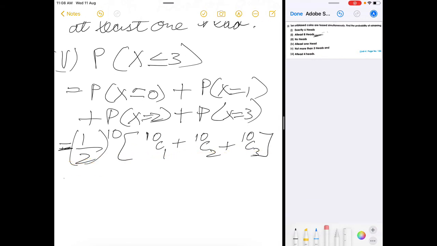Okay, so what would have the formula been if I would have written the whole thing? It would have been 10 C0, sorry, I forgot 10 C0 here, my bad. Okay.